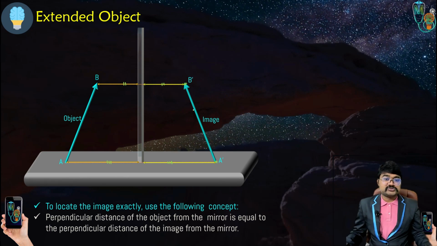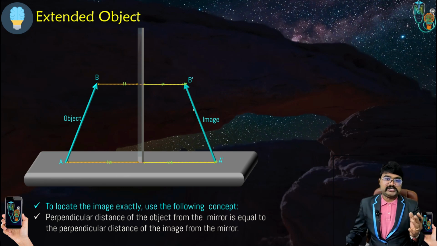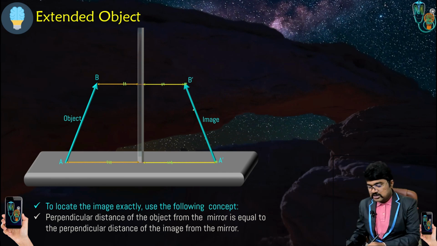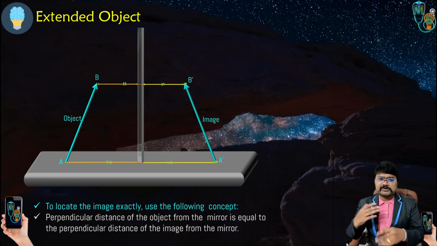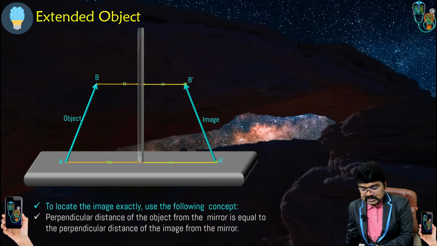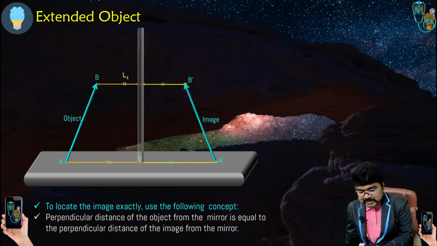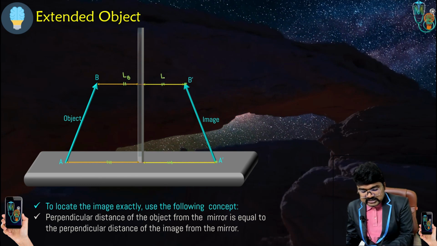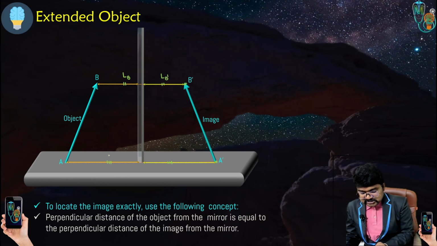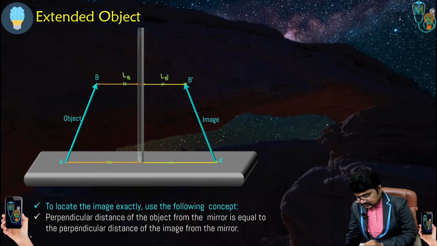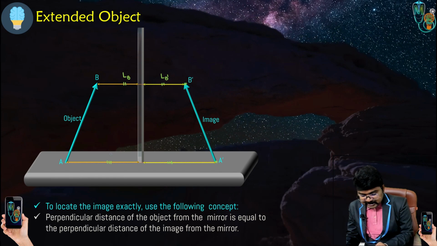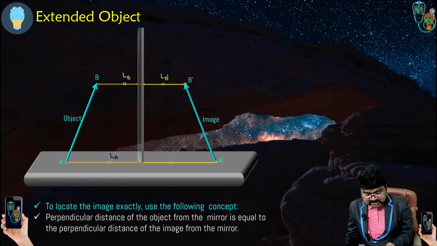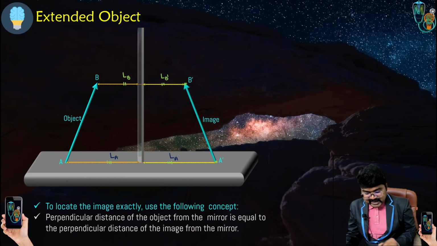For extended object, you will be getting two extreme points, A and B. Same procedure will be followed. So here I can say that this would be LB, this is LB dash, this would be LA, and this would be LA dash.